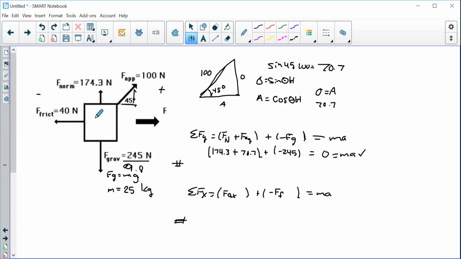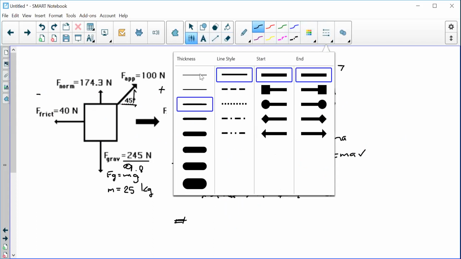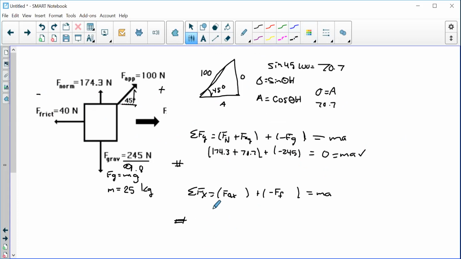Now we're going to look in the X direction. We're pulling to the right, or applying a force to the right, maybe it's a push, with 70.7 newtons of force. So we're going to state that right there, 70.7 newtons of force to the right. Let me draw that a little bit more legibly. So we'll have 70.7 to the right.